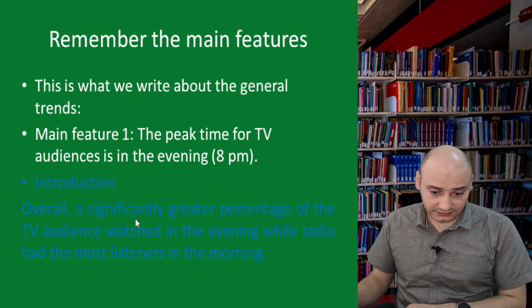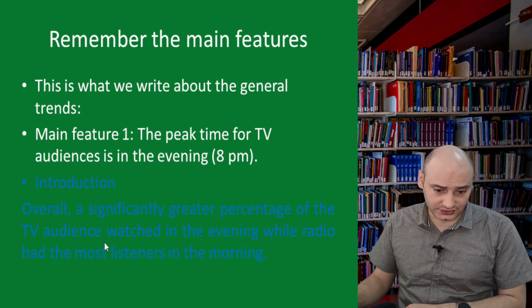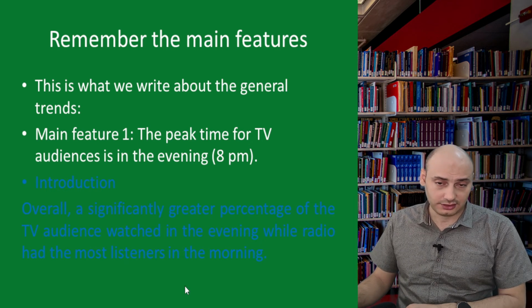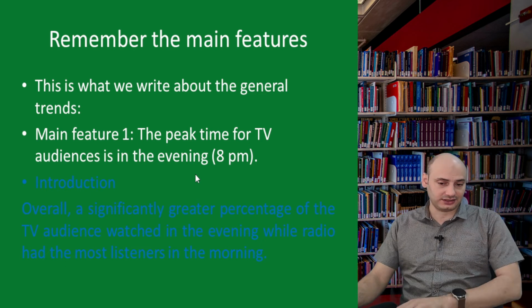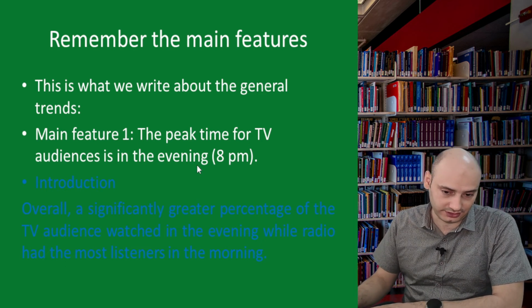Overall, significantly greater percentage of the TV audience watched in the evening, while radio had the most listeners in the morning. So it's the same idea, but we've changed it into a sentence, adding more details.